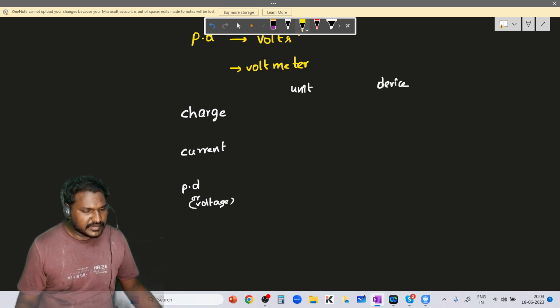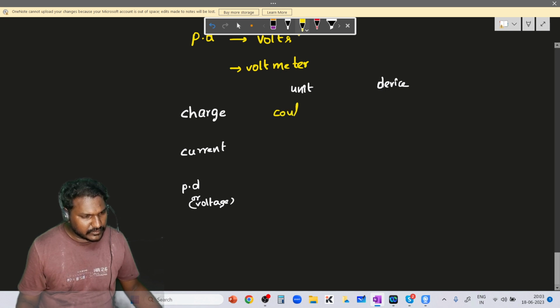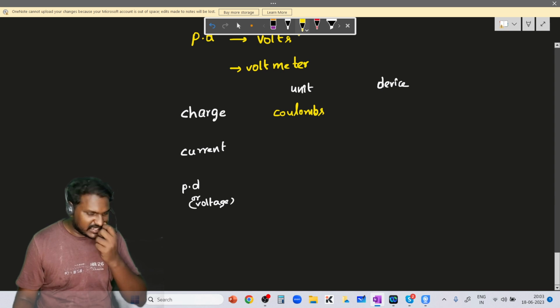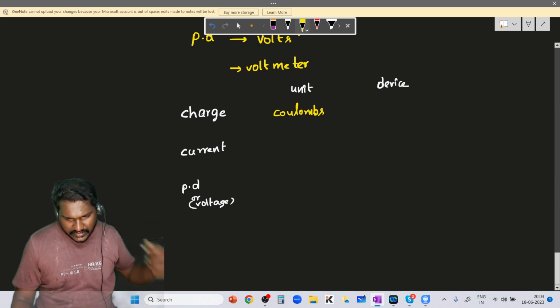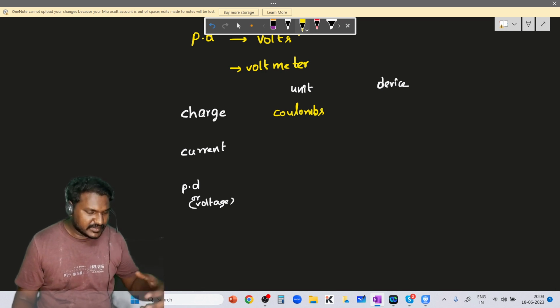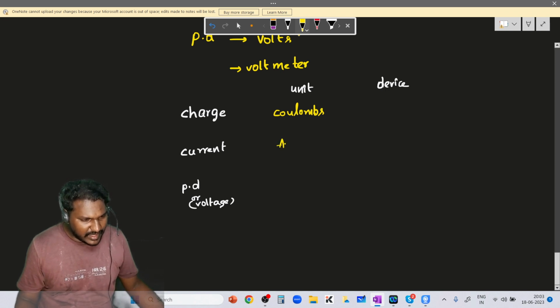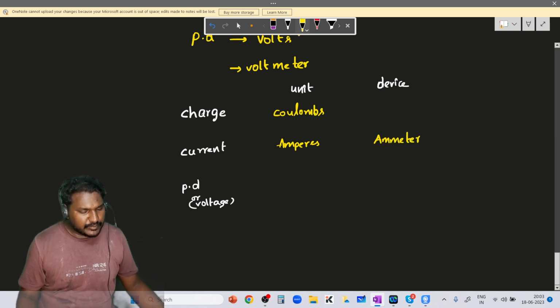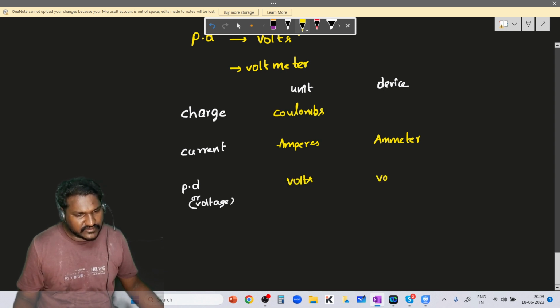For charge, the measuring unit is coulombs, and there is no particular device to measure charge directly, because the measurement of charge with respect to time is known as current. For current, the unit is amperes, and the device is ammeter. For potential difference, the unit is volts, and the device is voltmeter.